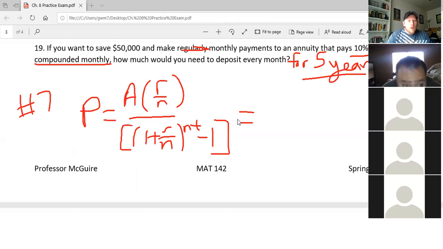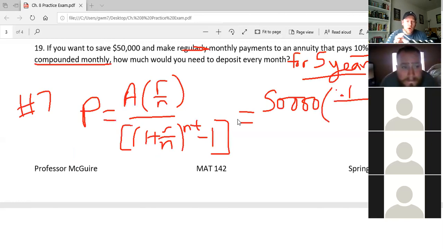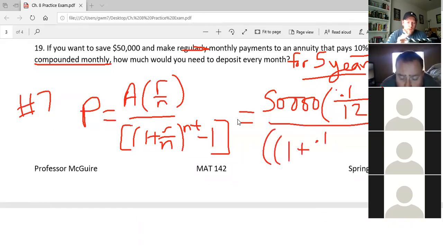A now is the final value, which I want to be 50,000. The rate is 10%, or 0.1. And N is 12, since it's monthly. 1 plus R over N, and it was 5 years, so times 5 for T, and then minus 1.